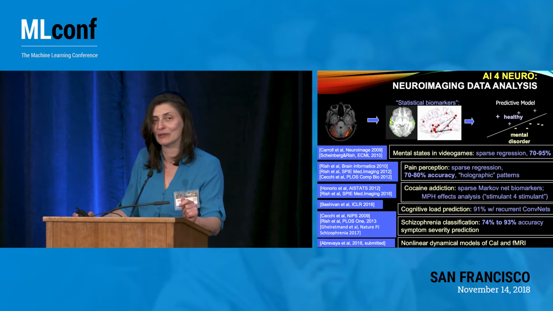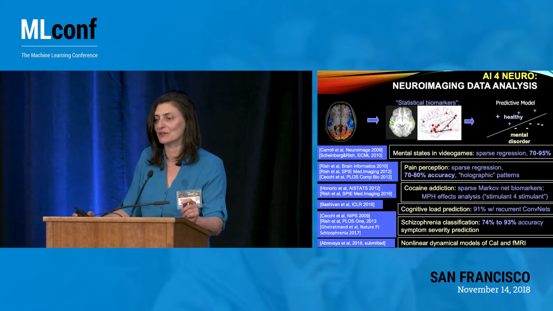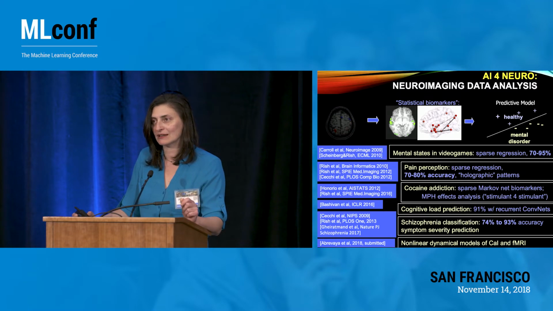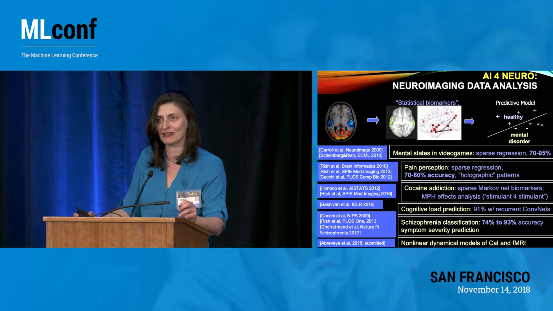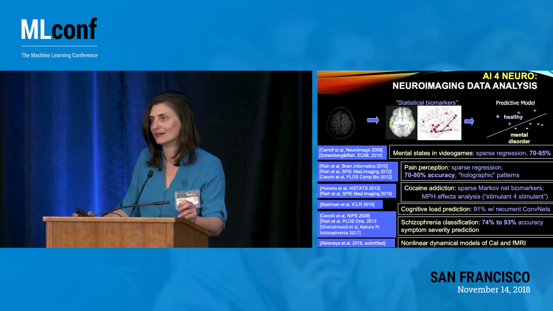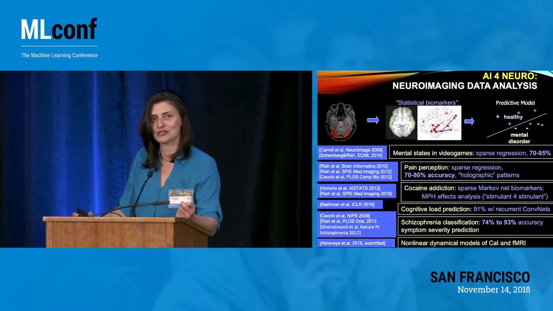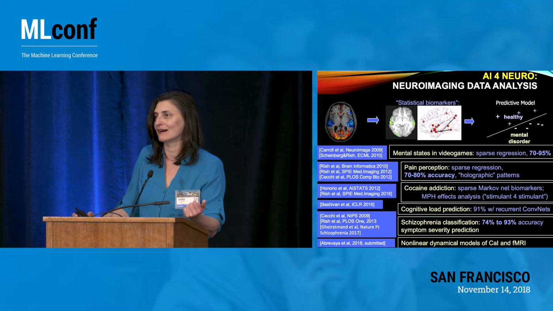You need to use domain knowledge. I'll give a few examples of that. But the bottom line is that machine learning in the past decade showed us that it's possible to achieve quite remarkable successes in capturing brain functioning in health and disease under multiple conditions.